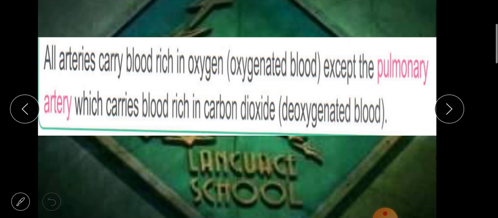The pulmonary artery carries blood rich in carbon dioxide, or deoxygenated blood. Again, all the arteries carry oxygenated blood except the pulmonary artery, which carries blood rich in carbon dioxide, or deoxygenated blood.